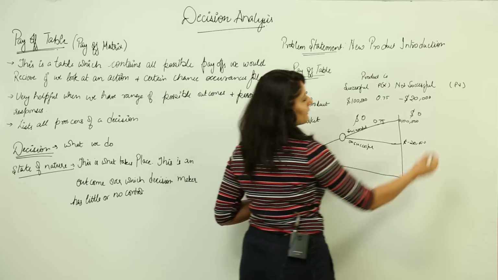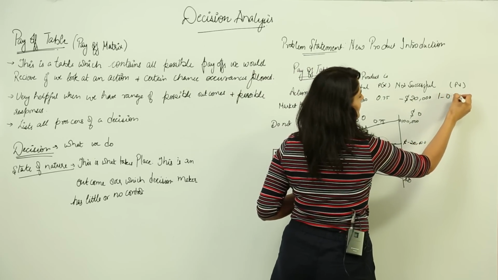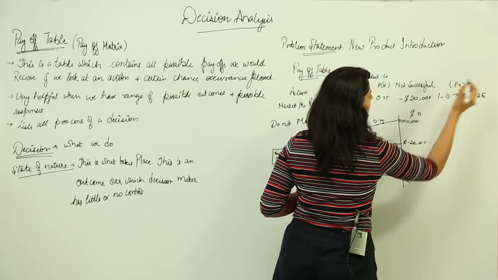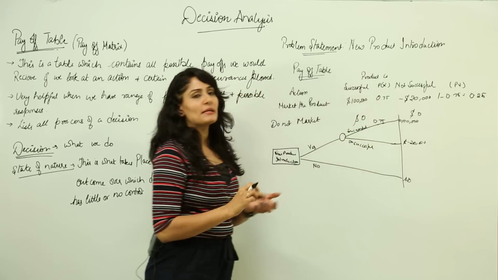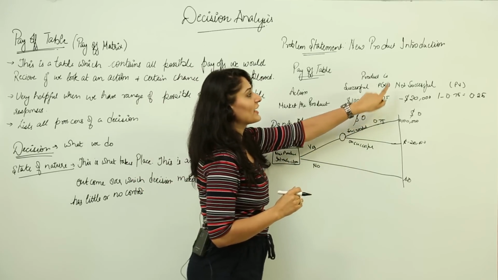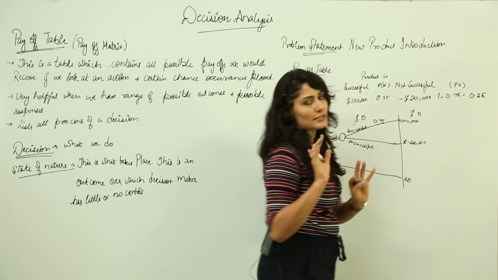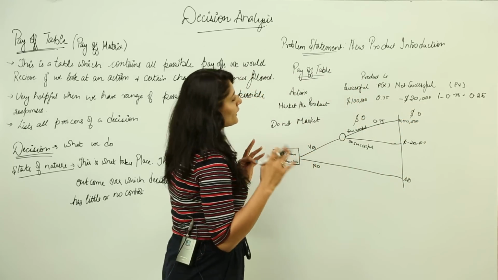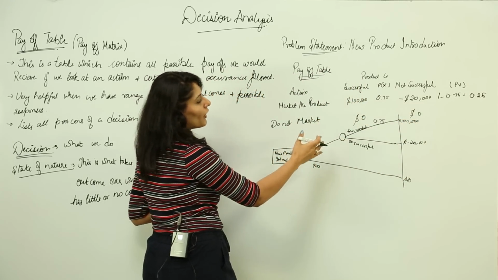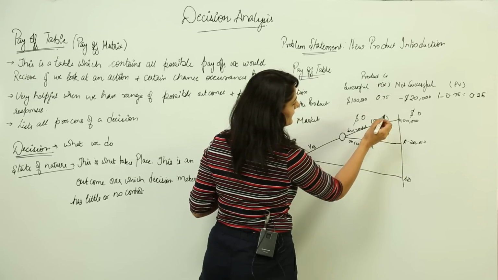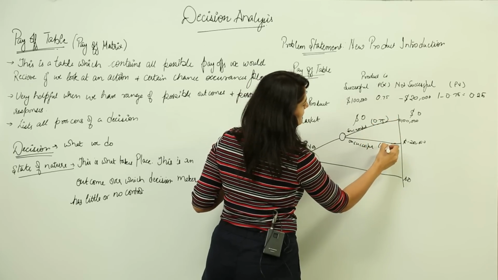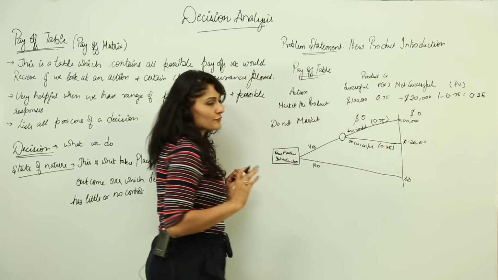That would be 1 minus 0.75, and that would be 0.25. So my probability of being successful is 0.75 and my probability of not being successful is 0.25. So I am going to mention it on my tree. This is the probability of being successful and this is the probability of not being successful, right.